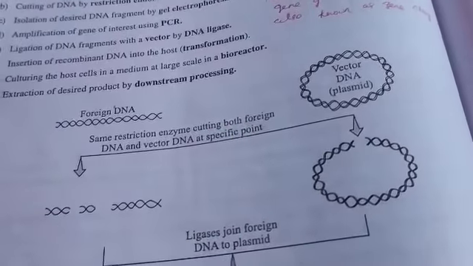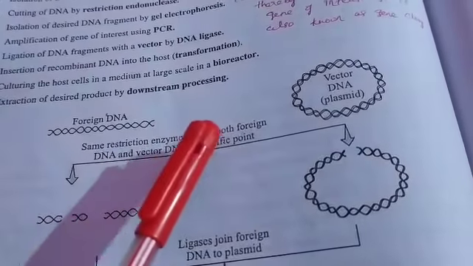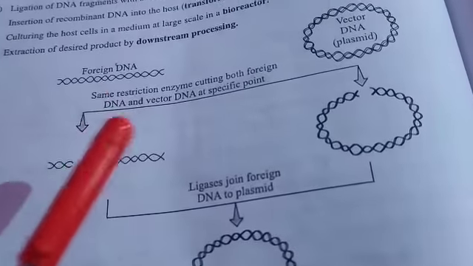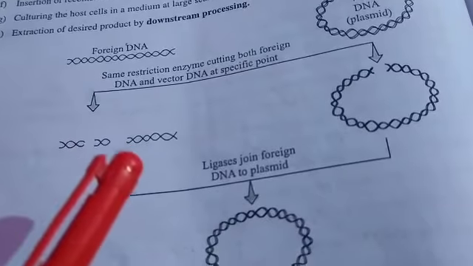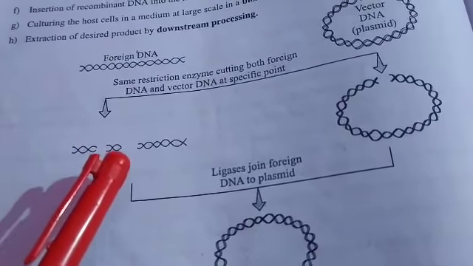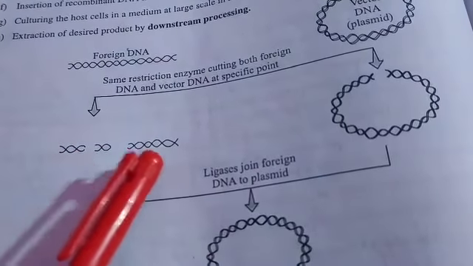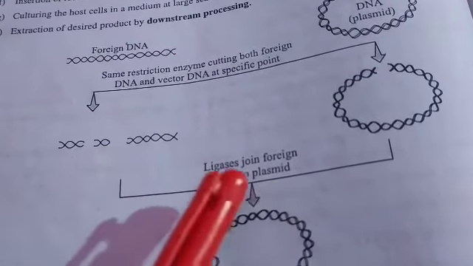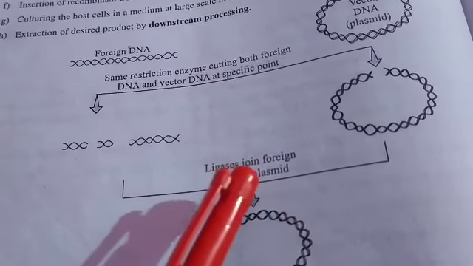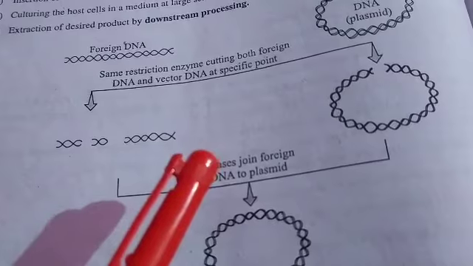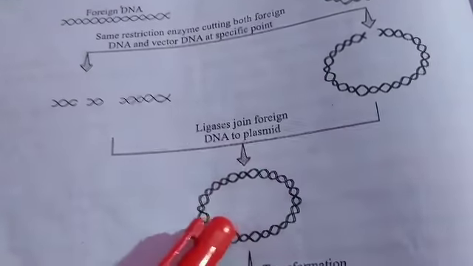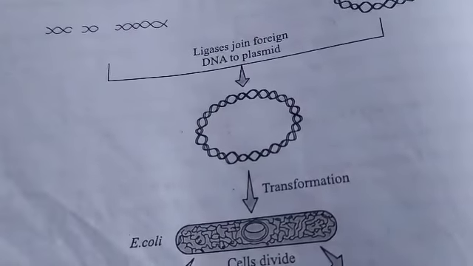These enzymes have the ability to recognize the specific point. After cutting, the DNA splits into fragments. Ligase joins the foreign DNA into the plasmid. Another enzyme, ligase, is used to join DNA into this plasmid vector.